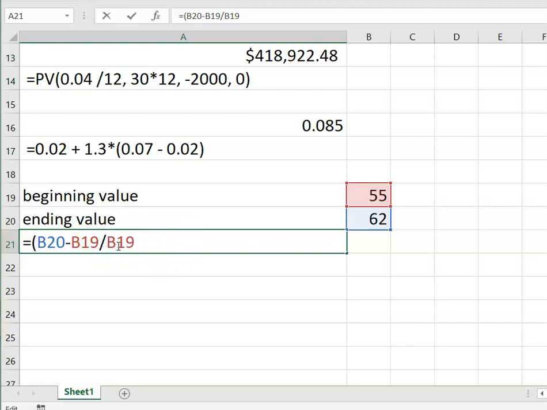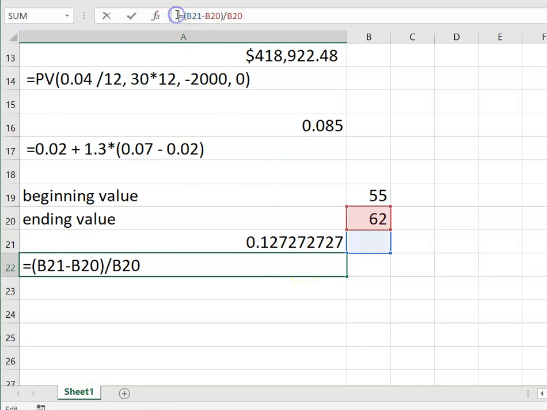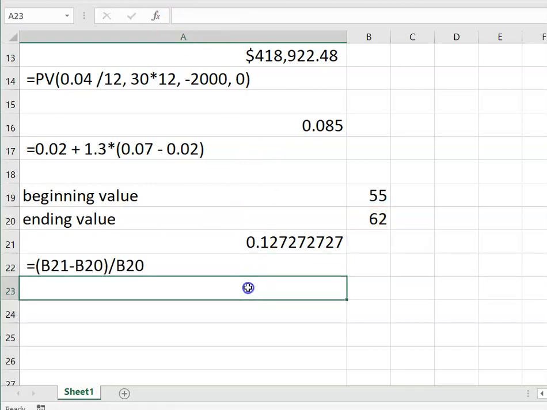Parentheses are important, very important in this. Okay, so let me show you what that looks like again. This is actually the different cells, I moved the cells down a little, but you get the idea. The ending value minus the beginning value, divided by the beginning value.